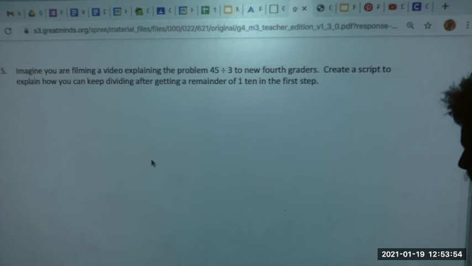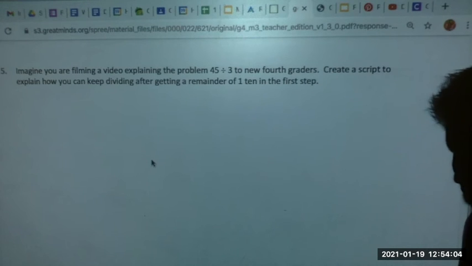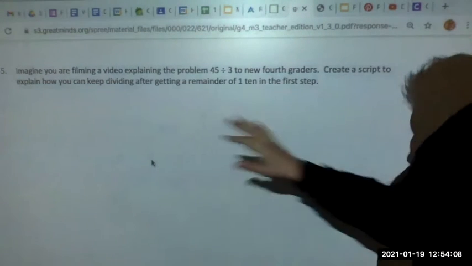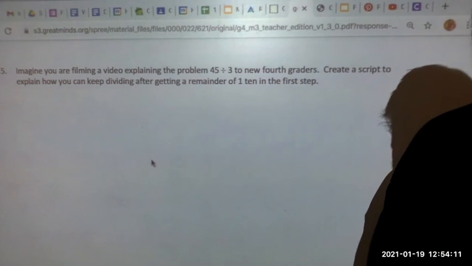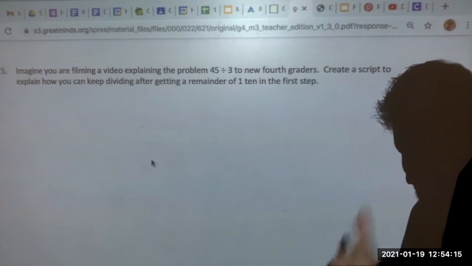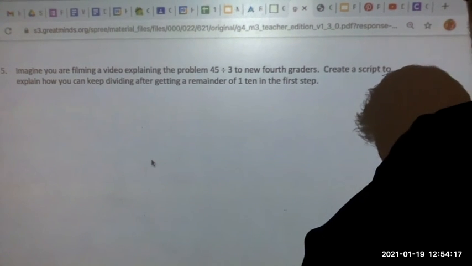Create a script to explain how you can keep dividing after getting a remainder of 1, for the first step. So what I want you to do is, you don't have to write a script. I'm giving you permission. I just want you to solve this the way that you like to solve it. Okay, just show me all your steps, and that'll be enough to explain. All right, so this one you're doing on your own. Make it happen.